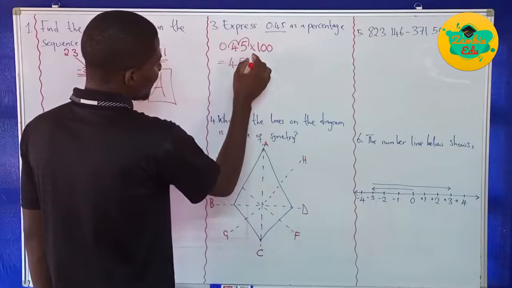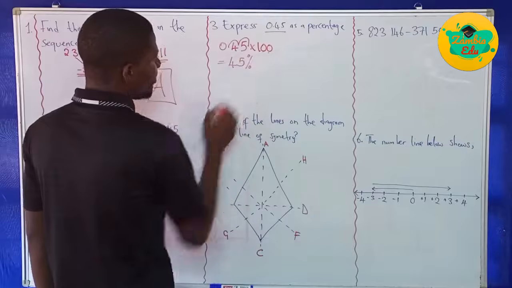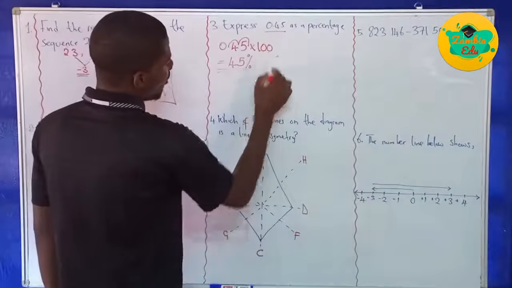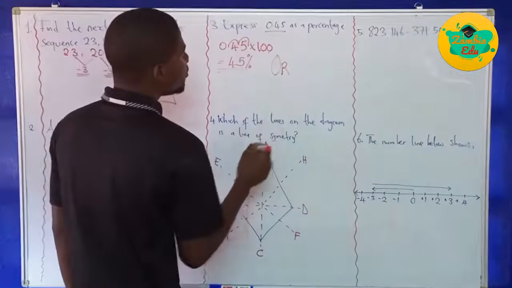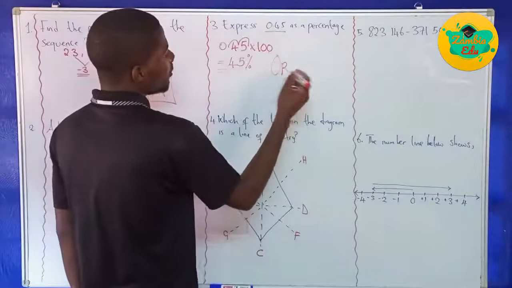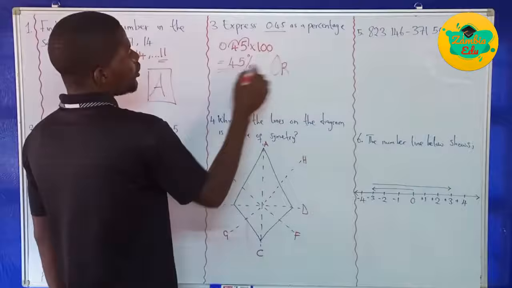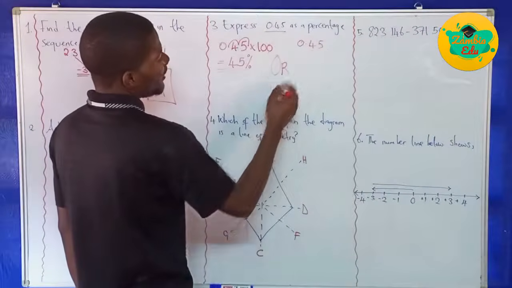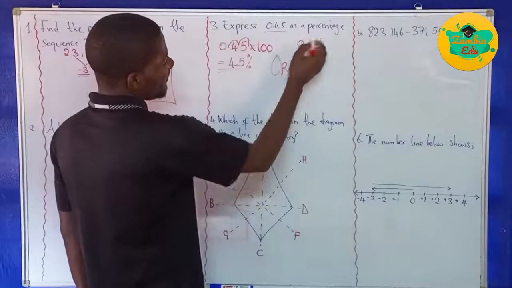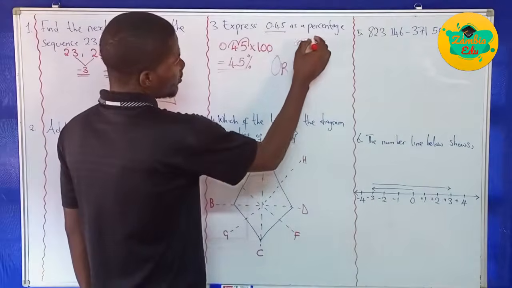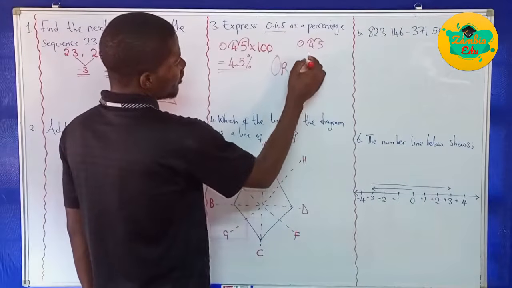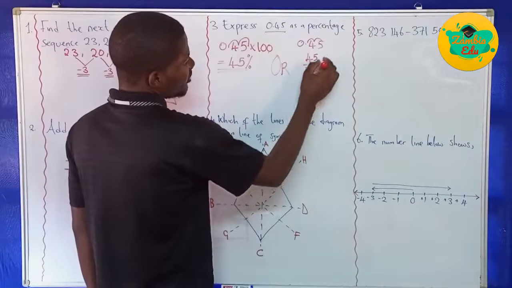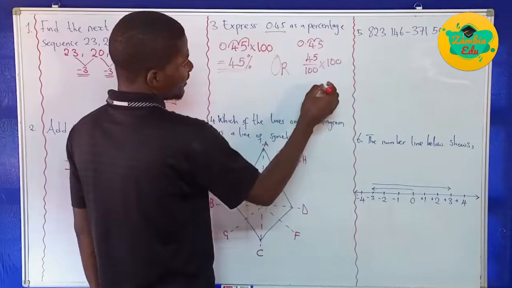Remember to add your percentage sign. Or we can look at method 2. Method 2 could be that you consider the number 0.45 and you ask how many decimal places does it have? It has 2. So you convert it into a fraction over 100, then you multiply it by 100.